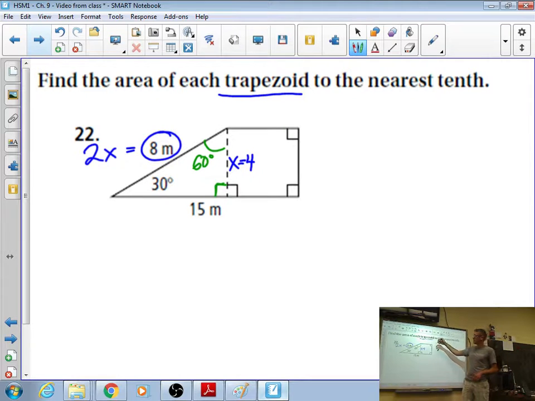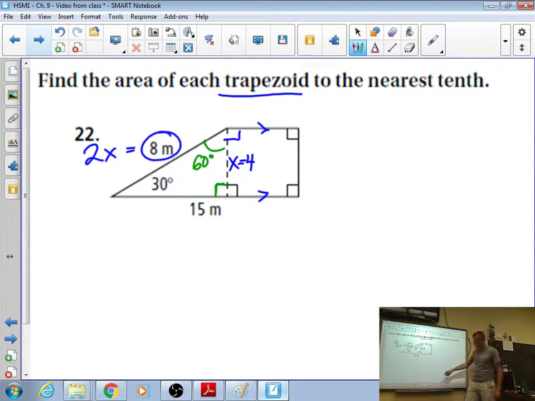So by it telling me that it's a trapezoid, we can infer that these are parallel, and then we could infer that that's a 90, even though I didn't draw that as a very good 90. And we could actually work through the proof to see that that's a 90. But even if it was notated as a 90, does that make it a square? No, because I don't know anything about the side lengths.